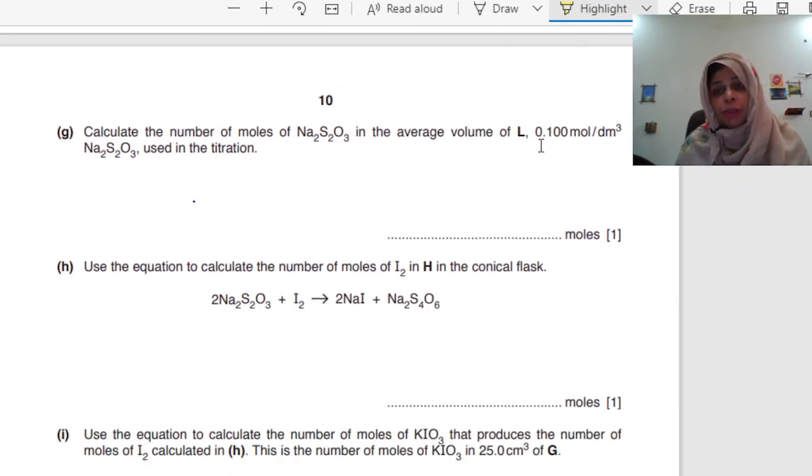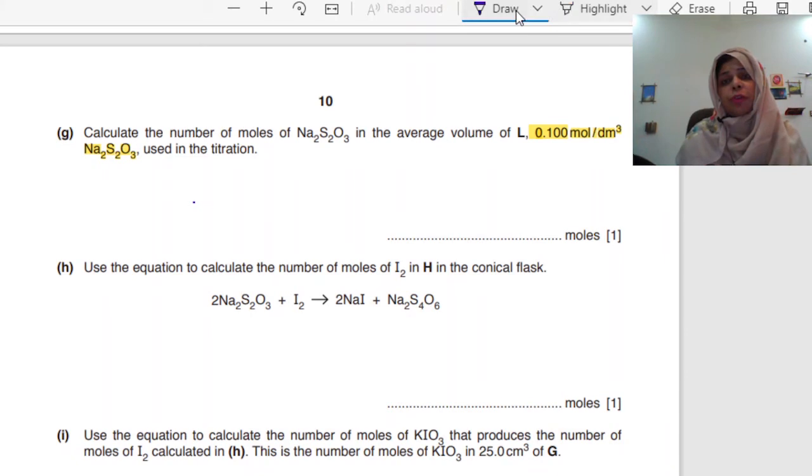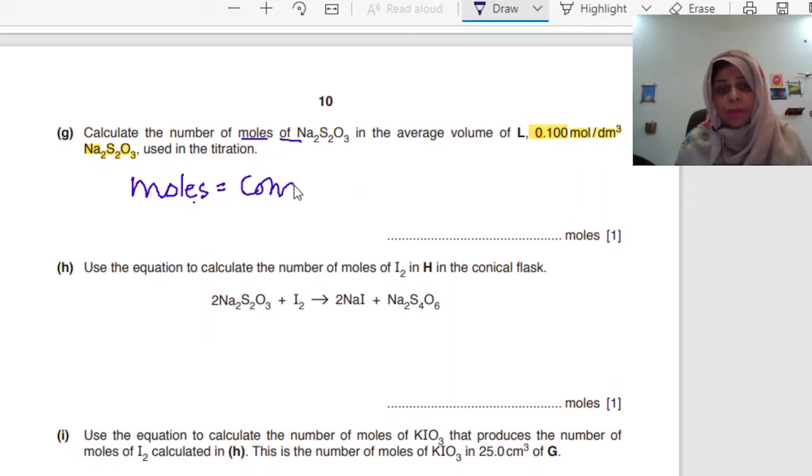If we know the concentration, this is the concentration of sodium thiosulfate, and we have the volume, then what will we do in that case? We have to calculate the moles. Here they have written calculate the moles of sodium thiosulfate. The formula is moles is equal to concentration into volume.